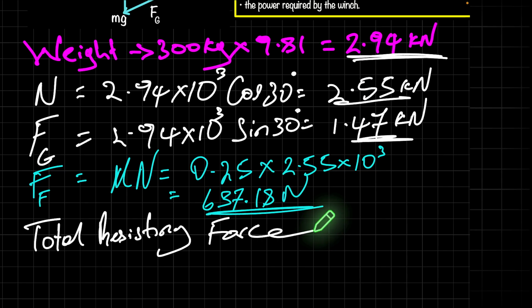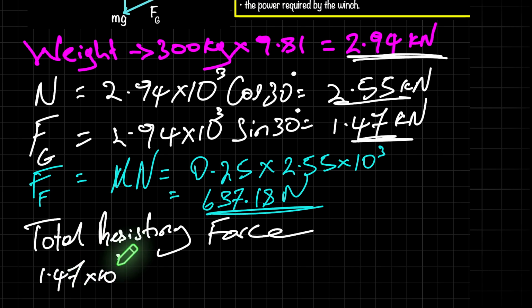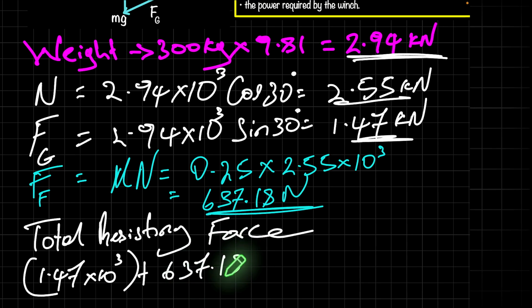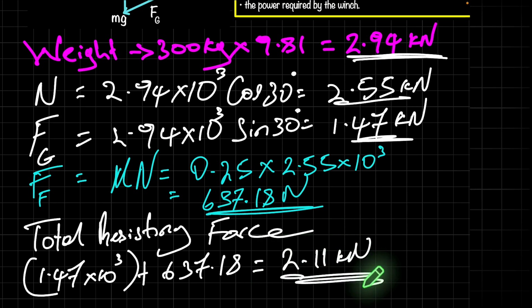So first one being 1.47 kilonewtons, so times 10 to the power of 3, added to our 637.18, and this resisting force is equal to 2.11 kilonewtons. And you will notice something about this set of resisting force. It's all vertical based resisting force, so you will notice that.